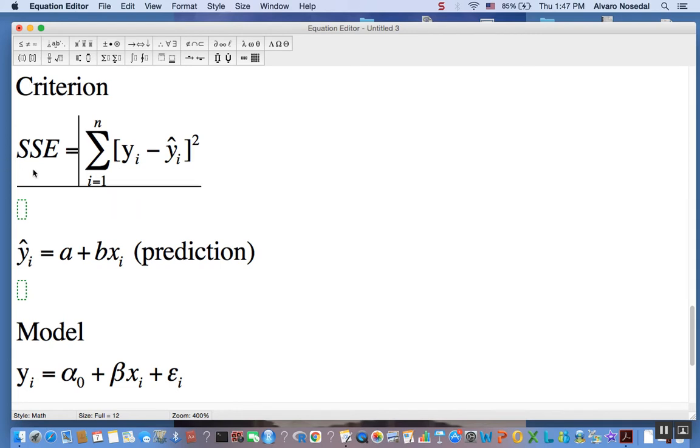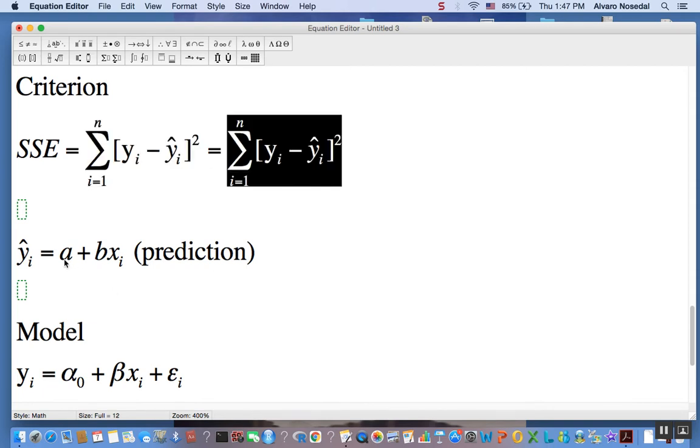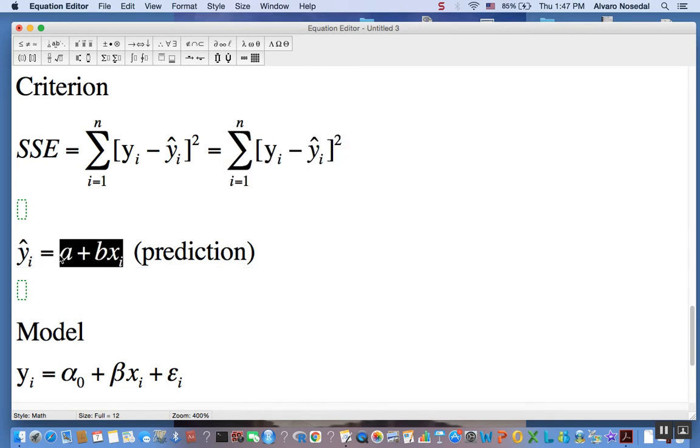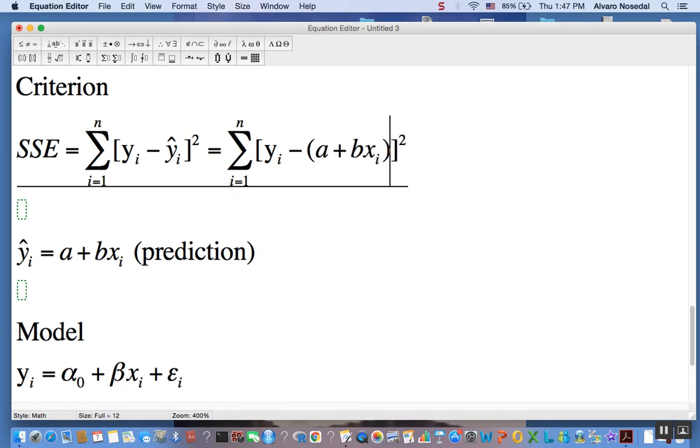It's called the sum of squares for error, right? So if we write our criterion in terms of this, let's do that. This is what our prediction looks like. Okay.